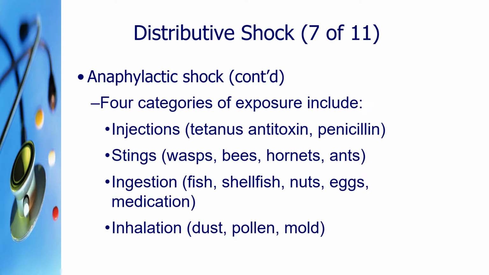Four categories of exposures to anaphylactic shock are injection, like tetanus antitoxins or penicillins; stings, wasps, bees, hornets; ingestions, fish, shellfish, nuts, eggs, medication; and inhalation, dust, pollen, and mold.